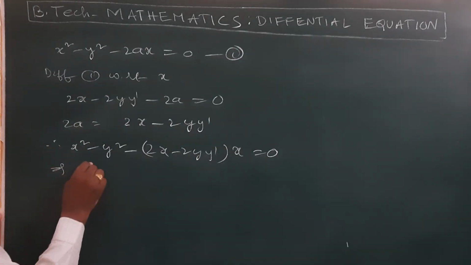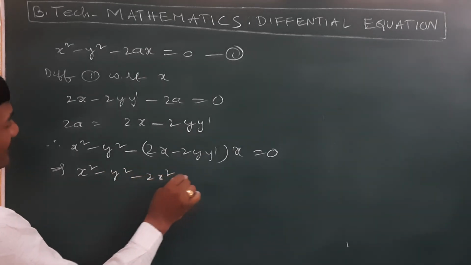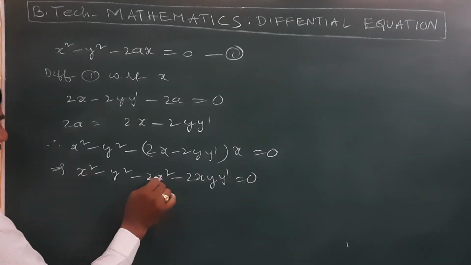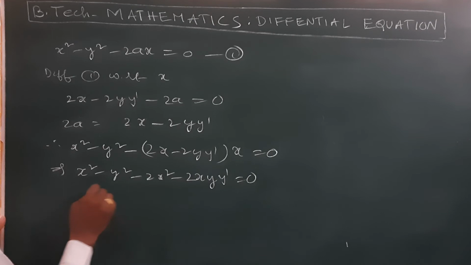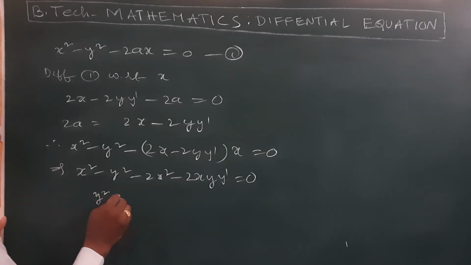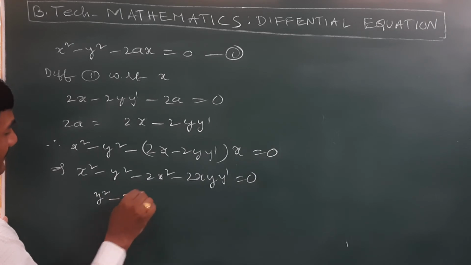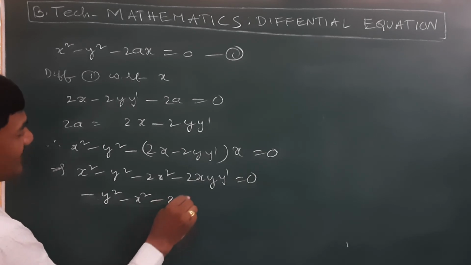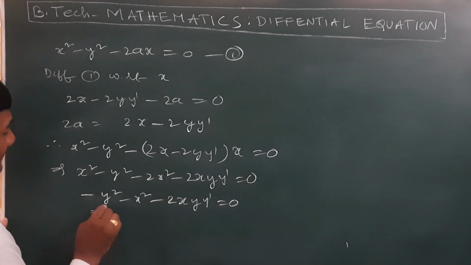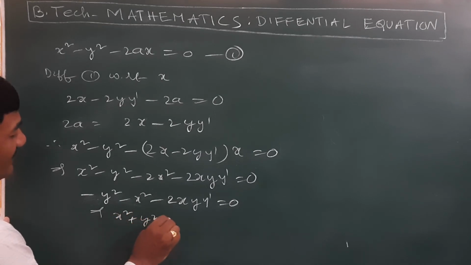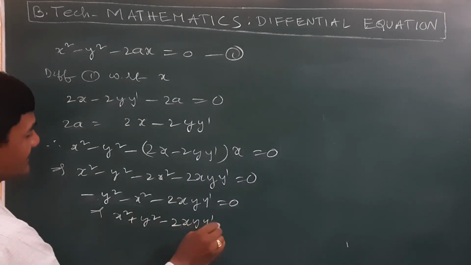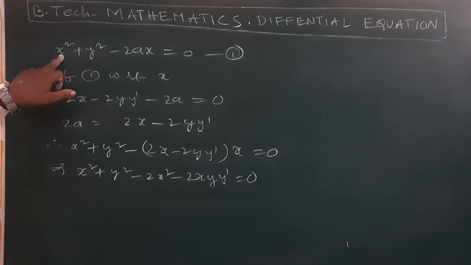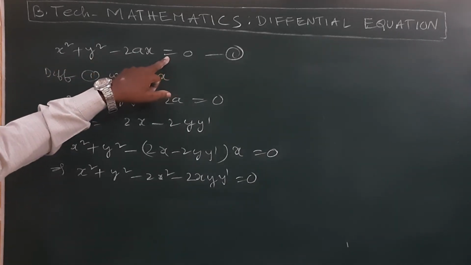Simplify this one. x square plus y square minus 2x square minus 2xy into y dash is equal to 0. x square minus 2x square is nothing but minus x square. Simplified, it is y square minus x square minus 2xy into y dash is equal to 0, which is the required solution of our problem.